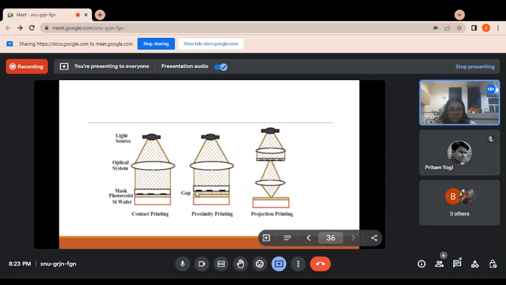If we increase the gap between the mask and the photoresist, this problem can be resolved. That's why we go for proximity. But if we want better resolution and smaller device structures, we use projection printing. And in projection printing, between the mask and the photoresist, we use a lens.